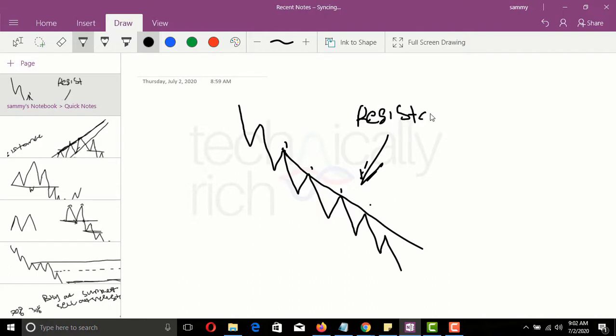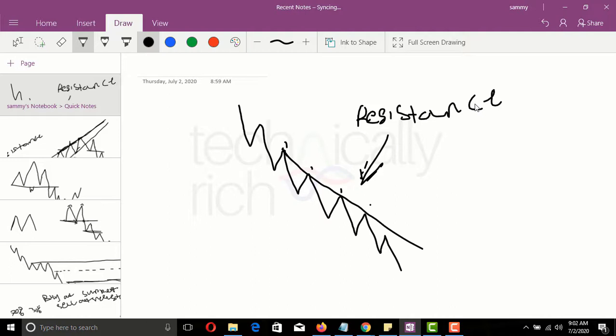Remember, your trend line is used to detect a trend, whether uptrend or downtrend. For an uptrend, it is a dynamic support, and for a downtrend, it is a dynamic resistance.